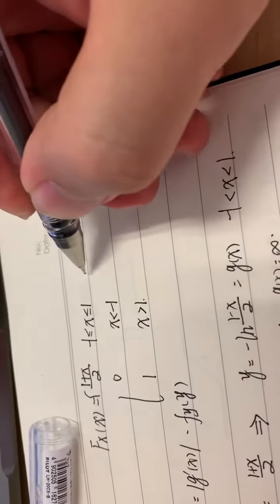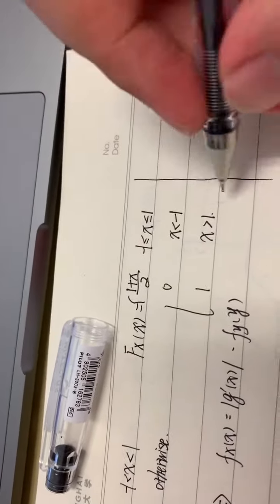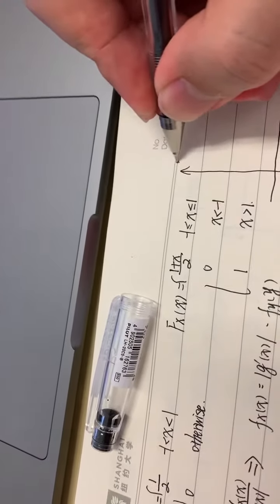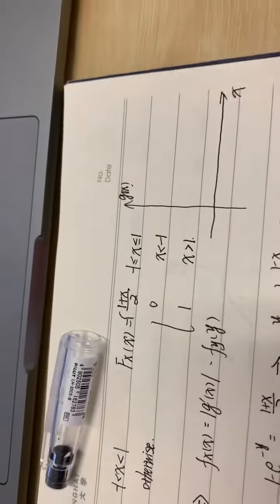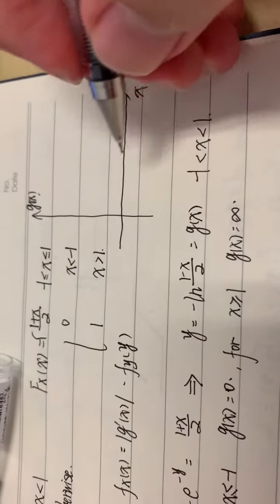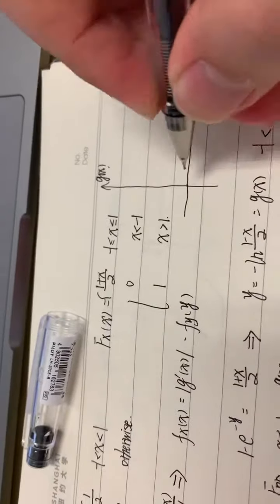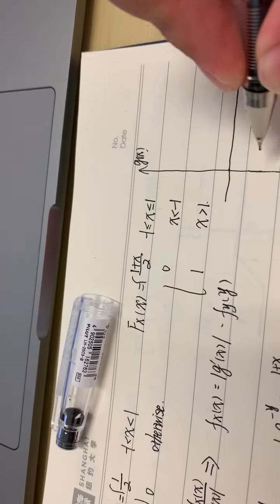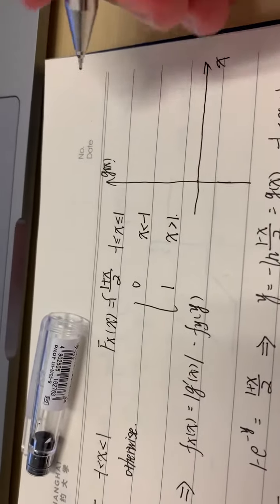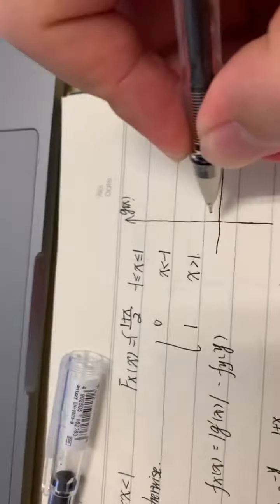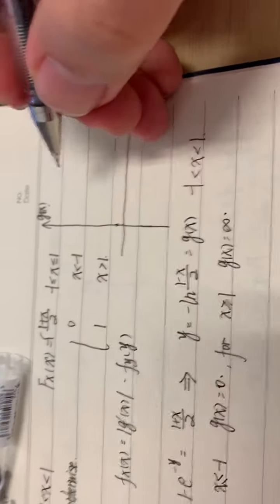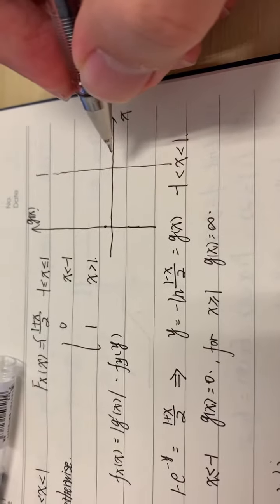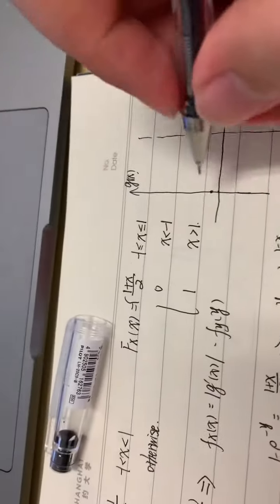We should draw the graph of g(x). Okay, that's g(x). x equals 0, so it should be like this. When x is equal to 1, it's infinity.